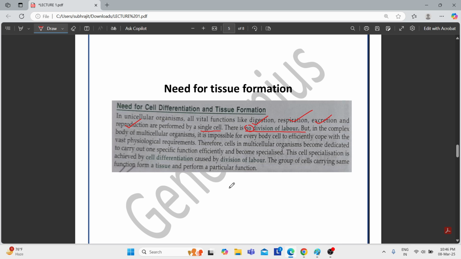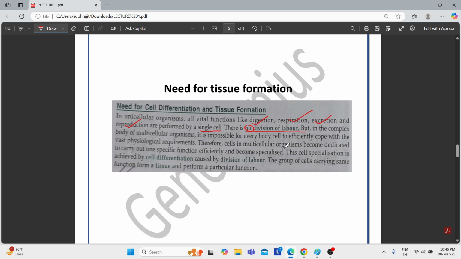Similarly, in a multicellular organism, for example in a human, if a single cell or a single tissue is given the responsibility to do all the functions, it will not be able to, because there are multiple physiological requirements.